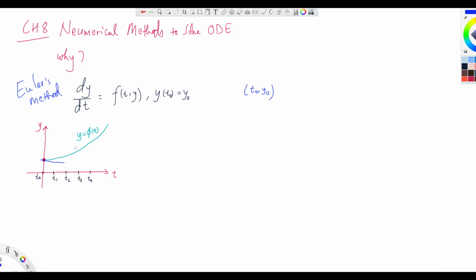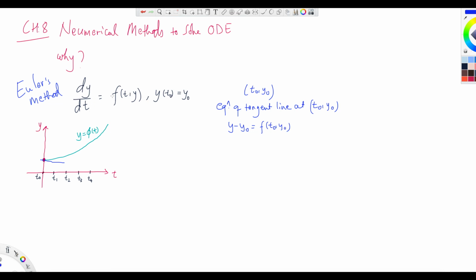So what is the equation of the tangent line at t0, y0, that is, at the given point? y minus y0 equals the slope, which is f at t0, y0, because the slope is the derivative.